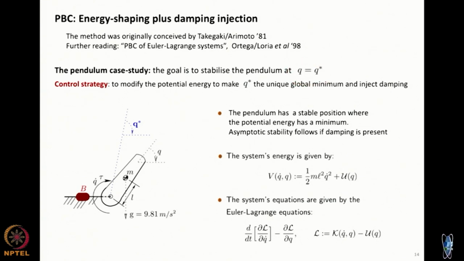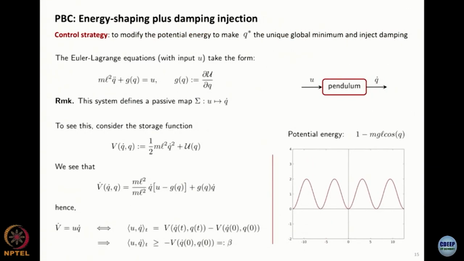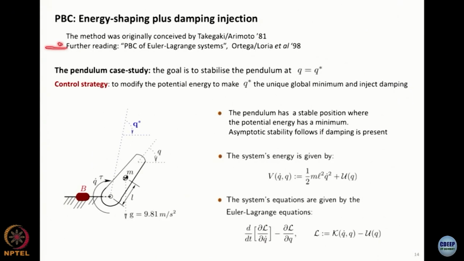If on top I add damping, then I will also be able to stabilize it asymptotically, right? Using, again, the passivity notions. To illustrate this method, you can also read about it in our book with Romeo Ortega in '98. But you know that this method goes back to these guys.